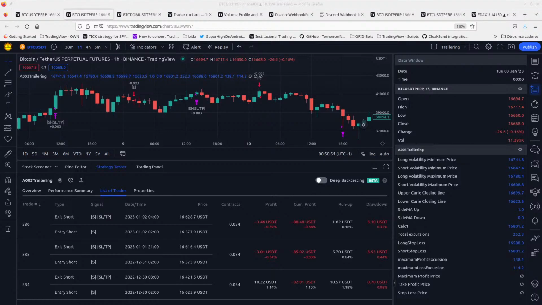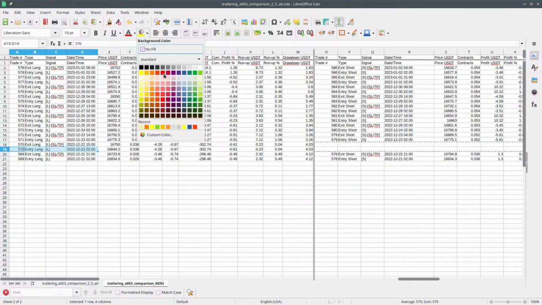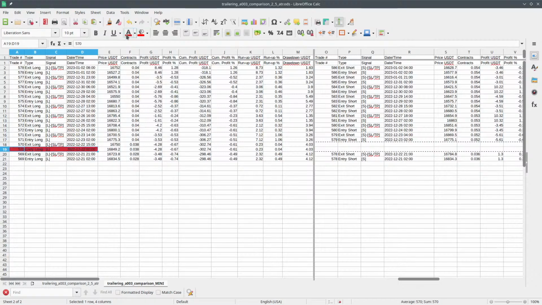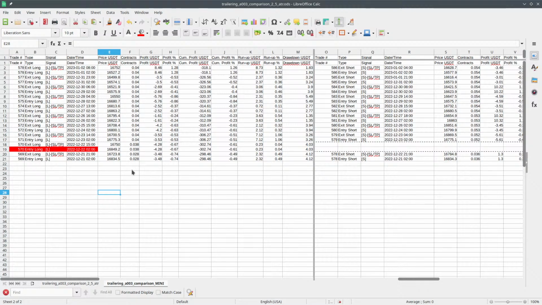Why is this not found here? Why is this number not on the right?